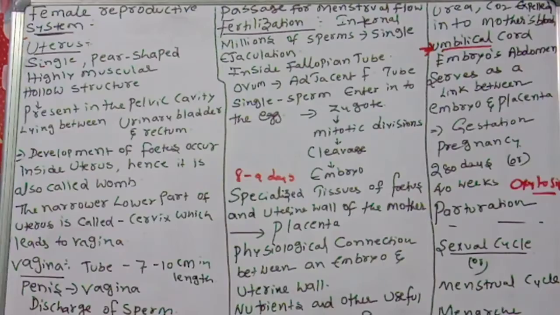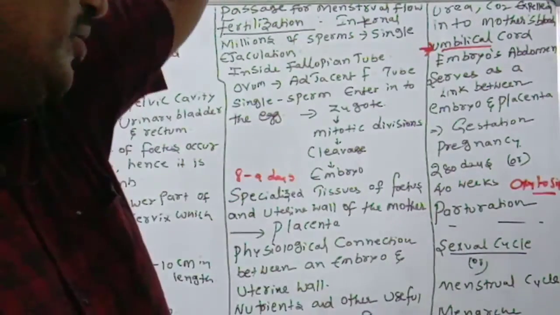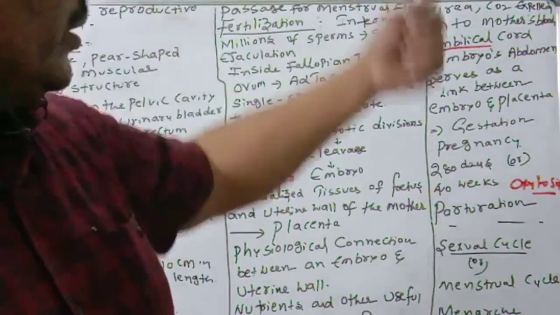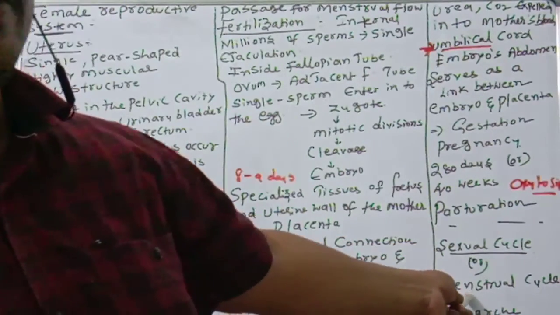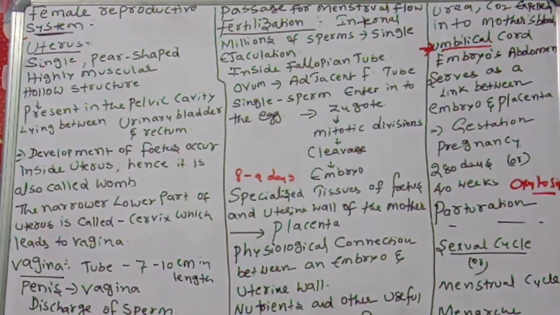Oxytocin is a hormone. Next, there will be a new concept, the menstrual cycle. So sexual cycle or menstrual cycle. Sperm is released, egg is released, like that we are saying. But how and in how many stages will that egg be released? What is menarche? What is menopause?